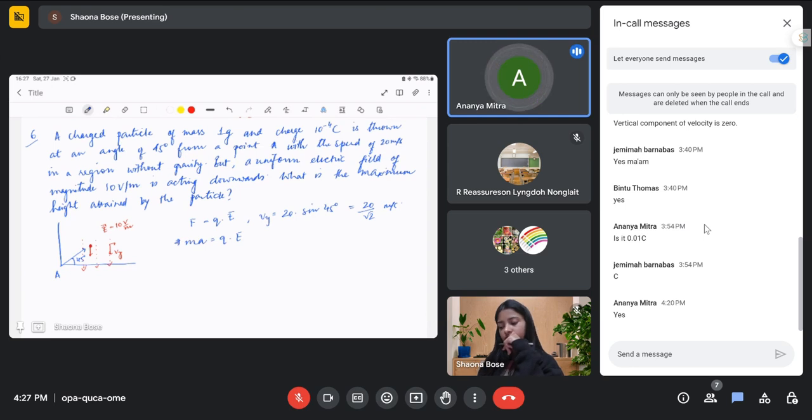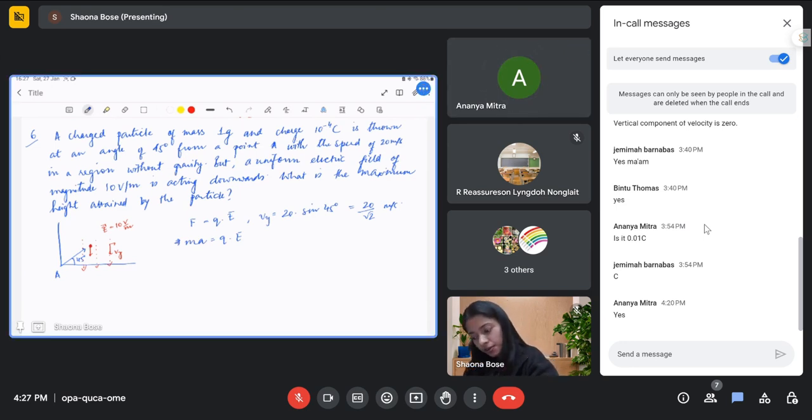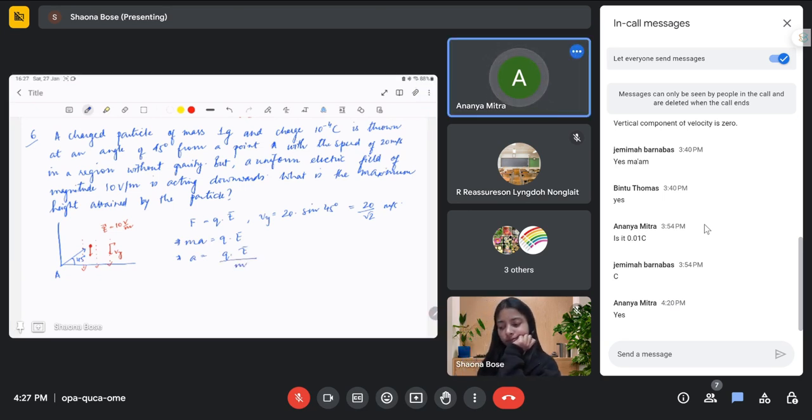We have to measure a. So a equals q into E by m, you are going absolutely in the right direction. Then find a, where q equals 10 to the power minus 4 coulomb, E equals 10 to the power 10 volt per meter, and m equals 1 gram.